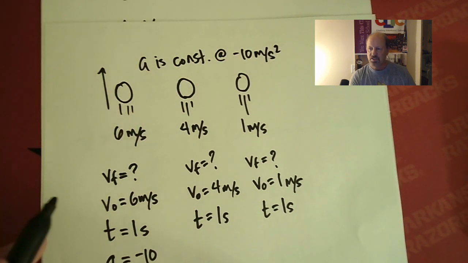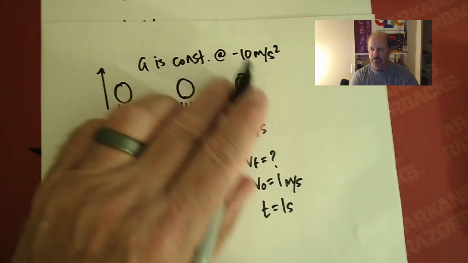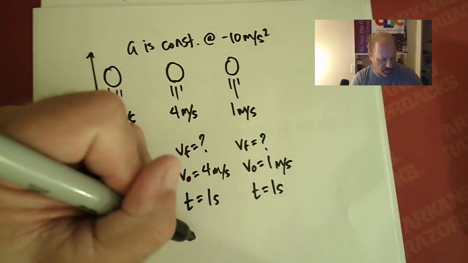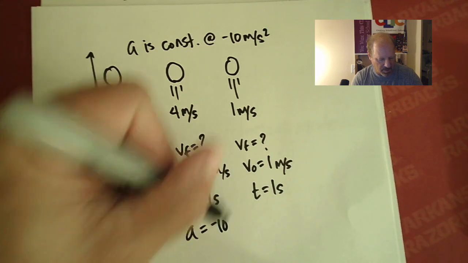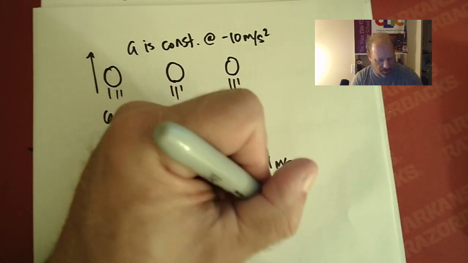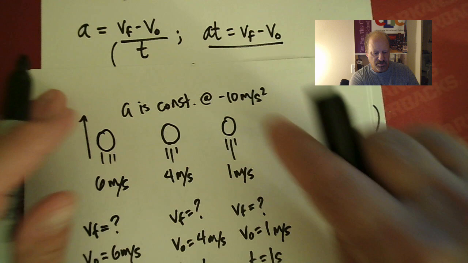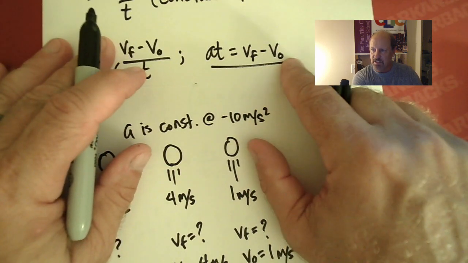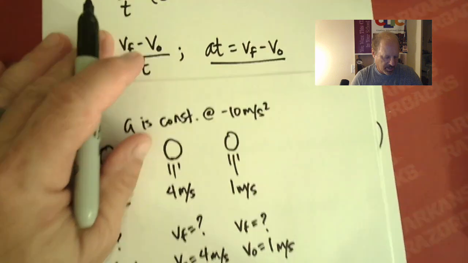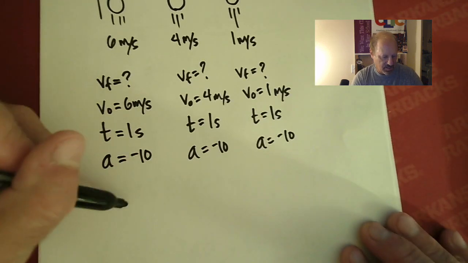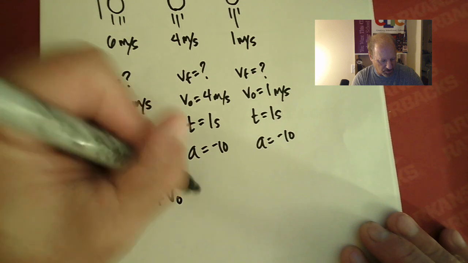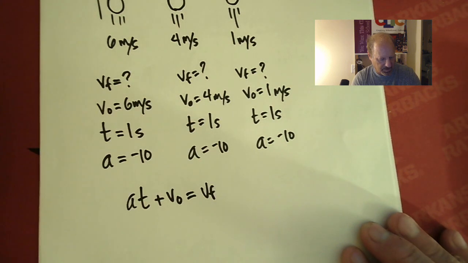That's to say it changes -10 meters per second every second. Okay, so our acceleration is -10. So now we plug that into this equation right here. AT is V final minus V initial, so we could say down here, AT plus V initial is V final.